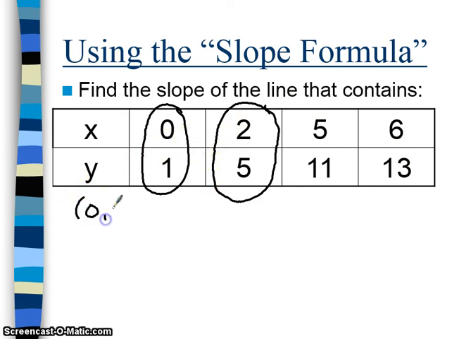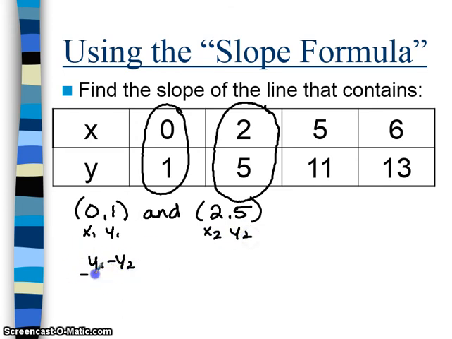So we have 0, 1, and 2, 5 as our 2 points in the relationship. I know they're in the relationship because they're part of the table. So I'll label them x1, y1, and x2, y2.